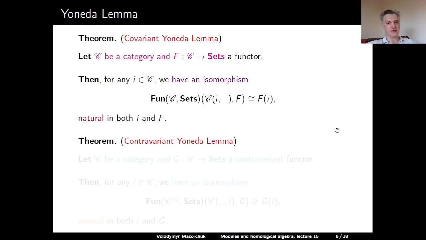And we also have the contravariant version of this lemma. Let C be a category and G a contravariant functor from C to sets.